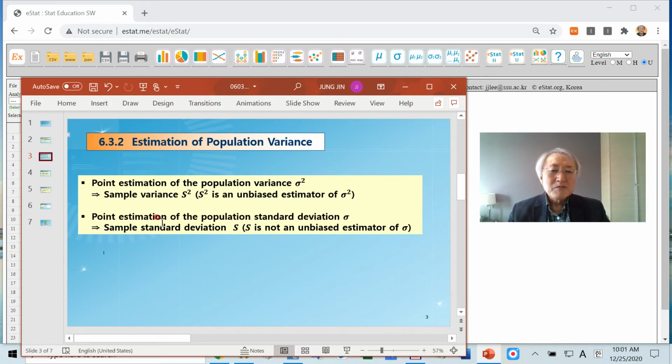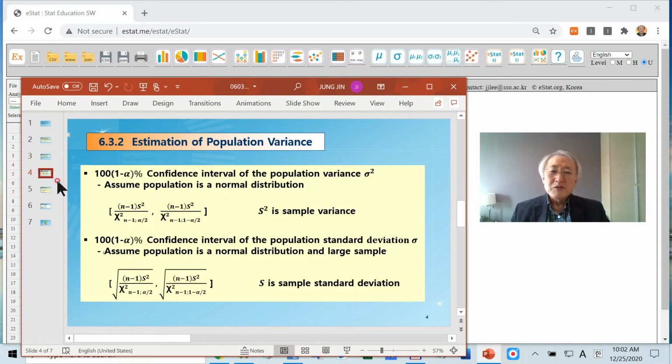Similarly, the point estimator of the population standard deviation is the sample standard deviation, but it's not an unbiased estimator. In the case of sample variance, do you remember that when we calculate the sample variance, we divide by n-1? The reason we divide by n-1 is to make S squared, the sample variance, an unbiased estimator.